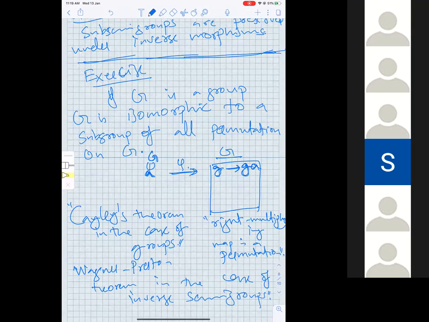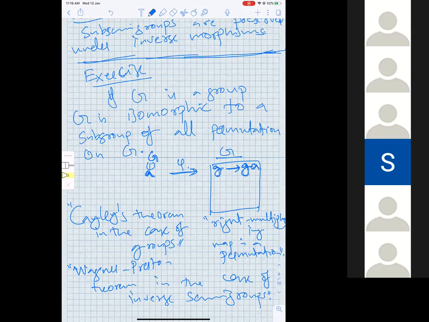Basically what it says is that every semigroup is isomorphic to a sub-semigroup of transformations. In the case of groups, that sub-semigroup of transformations happens to be a set of bijections. In the case of inverse semigroups, it happens to be a set of partial bijections.